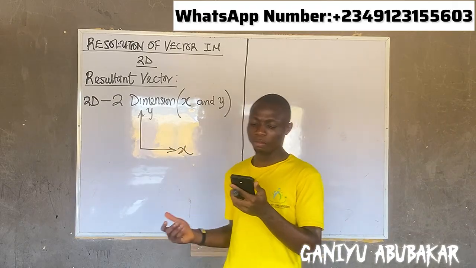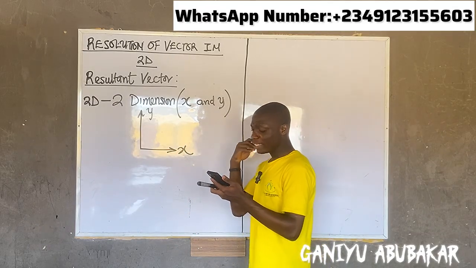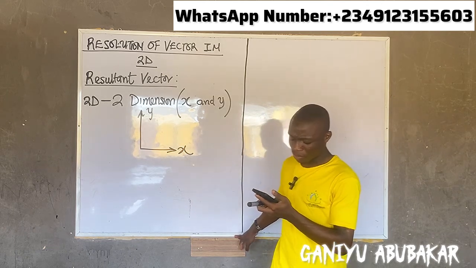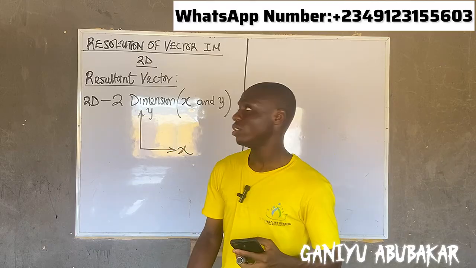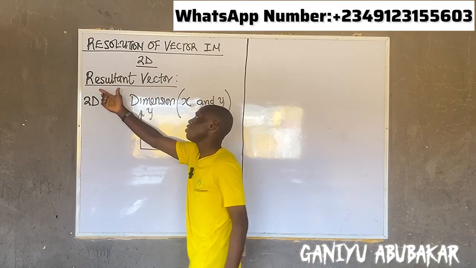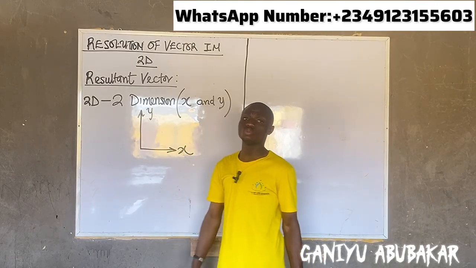So the word 2D means we are simply splitting a vector into x and y coordinates, right? That's basically how this concept works. So I've defined resolution, I've defined resultant, and I've defined the idea behind 2D.